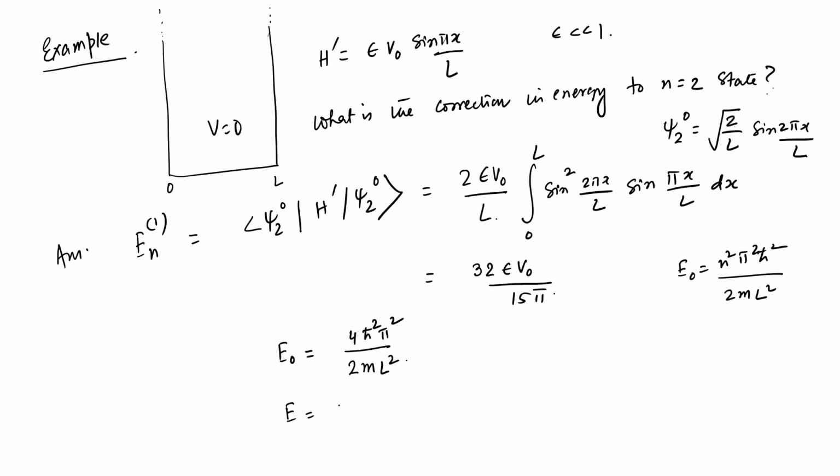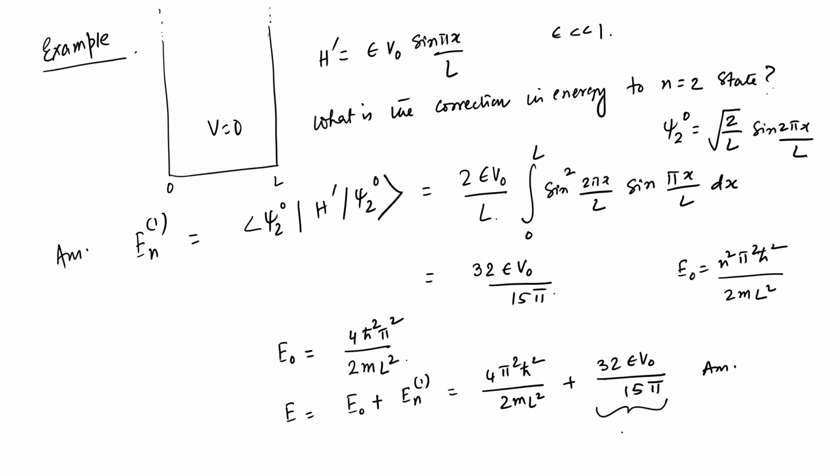So, the total energy will become equal to E 0 plus the correction that we have found, which is E n 1. That is 4 pi square h cross square divided by 2 m L square plus 32 epsilon V 0 divided by 15 pi. That is the answer, and this term is purely coming because of the perturbation. There is a contribution from H prime.